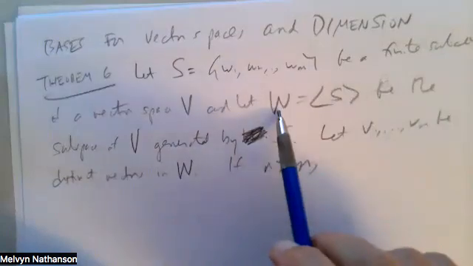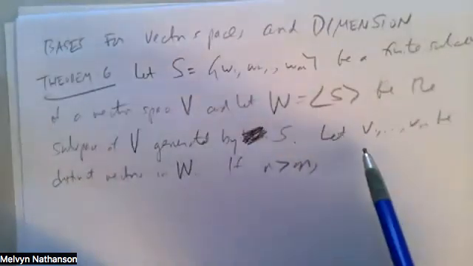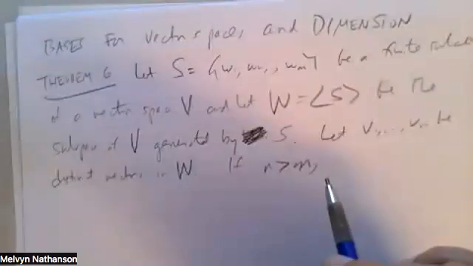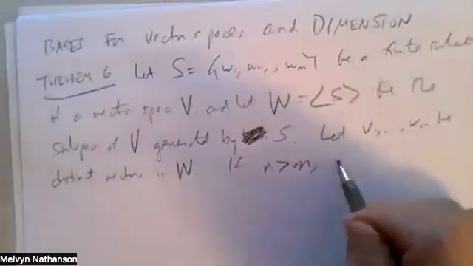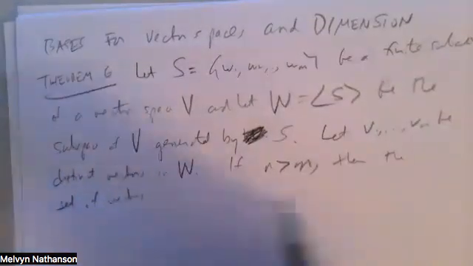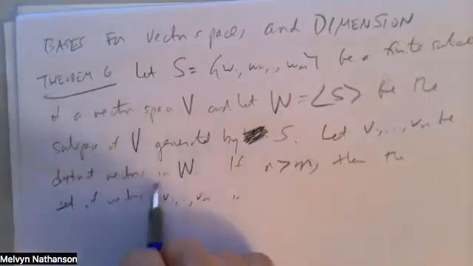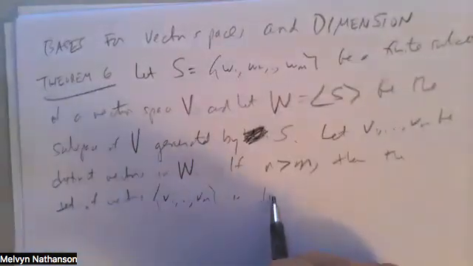So W is a subspace generated by m vectors, and I choose n bigger than m, any vectors in W. If n is bigger than m, then the set of vectors V1 up to Vn is linearly dependent.